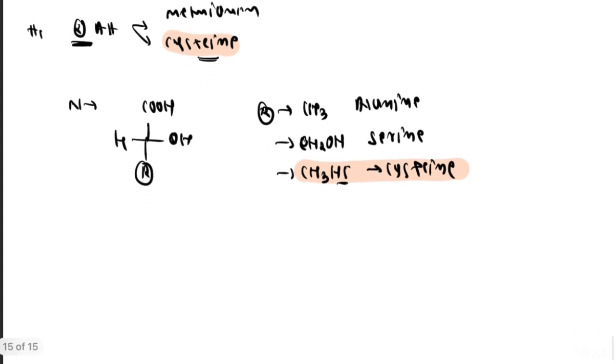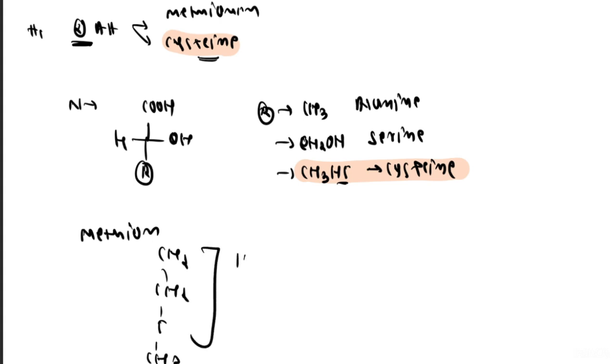Let's talk about the structure of methionine. The methionine structure is somewhat large, with R containing CH2, CH2, S, CH3. You can remember that methionine is essential, so you have to take it from the diet.